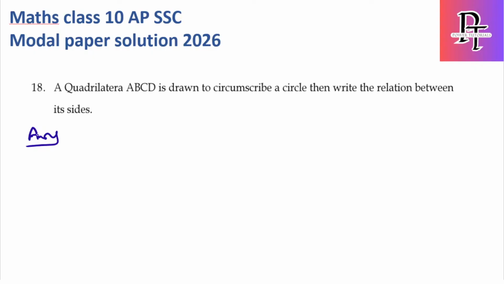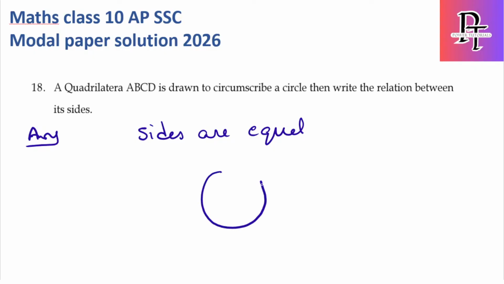A quadrilateral ABCD is drawn to circumscribe a circle. Then write the relation between its sides. The answer is easy. The sums of opposite sides are equal. As this is a 2 marks question, I suggest you draw a circle first and then draw a quadrilateral like this.